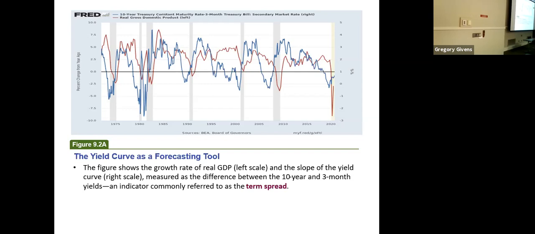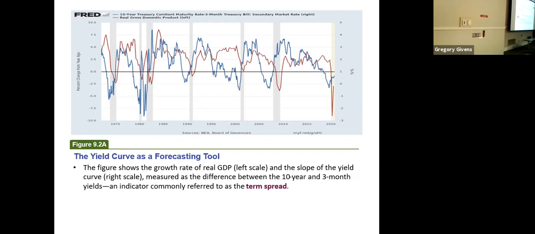The blue line is a measure of the term spread or the yield spread. It's the difference between the 10-year Treasury rate and the 3-month Treasury bill rate. It's one measure of the term or yield spread, okay? That variable is graphed on the right axis, okay? Now, what do you guys notice here? Take a look closely at that graph.